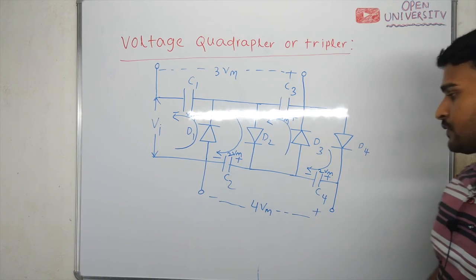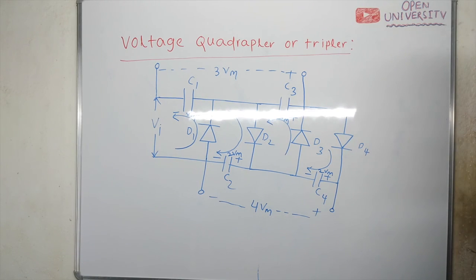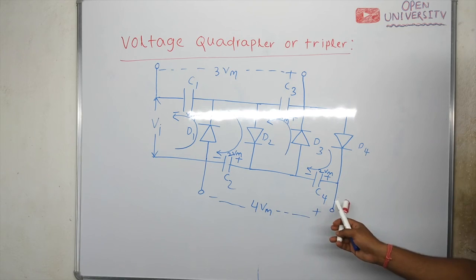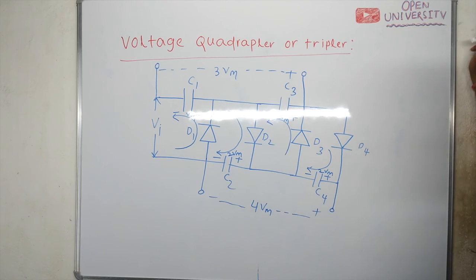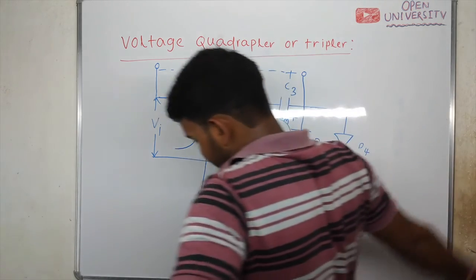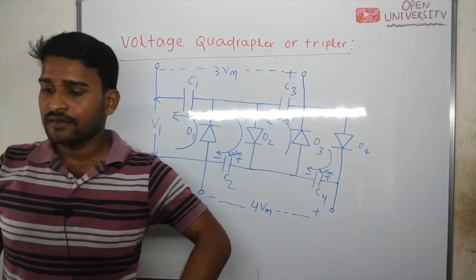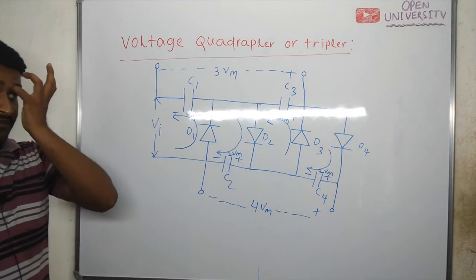And if you take the output across C2 and C4, you will get 4 Vm. So this circuit can work like a voltage tripler as well as a voltage quadrupler. The same circuit can be used as a voltage tripler and voltage quadrupler.